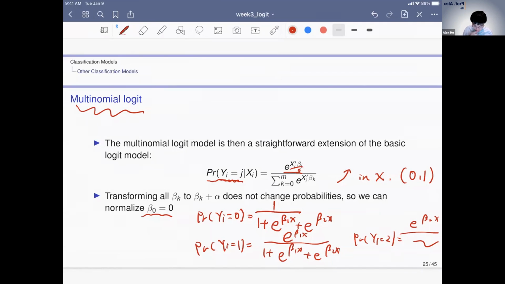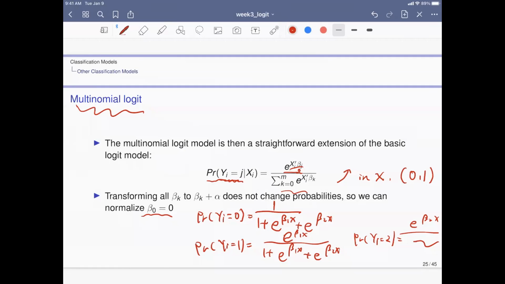So you're always predicting these 3 probabilities, which is the probability in each category. Professor: Yes. You're saying that this case is like when we have 3 categories, right? Yeah, if you have more, you just do more like this. Okay, thank you.